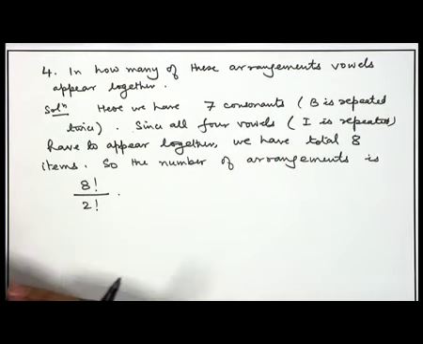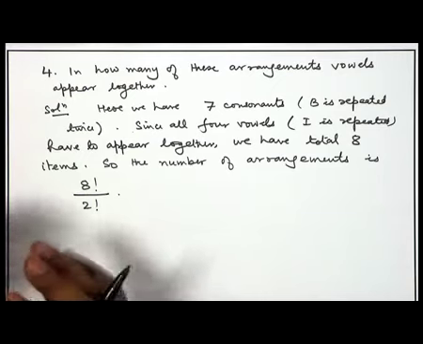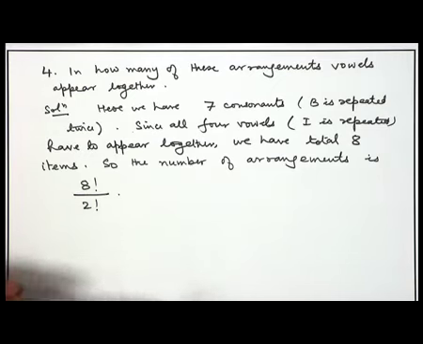Now, there is a catch here. These vowels, although they are taken together, can permute among themselves. So, how many such arrangements are possible?